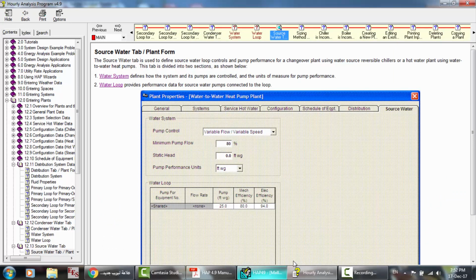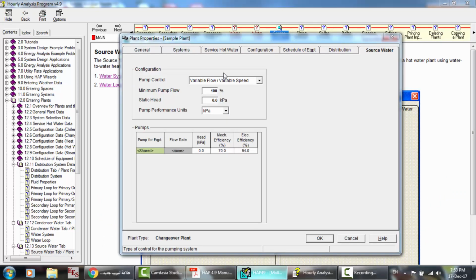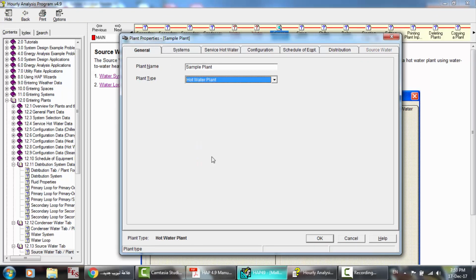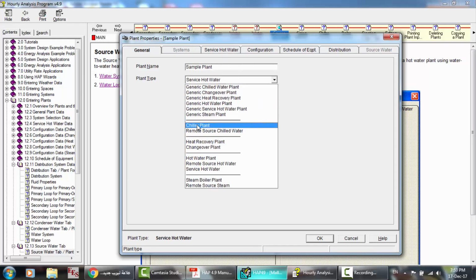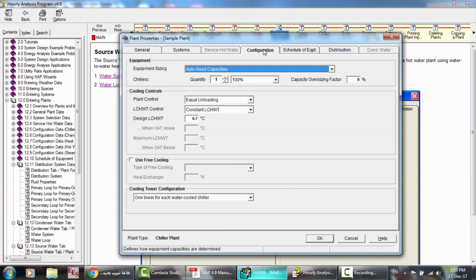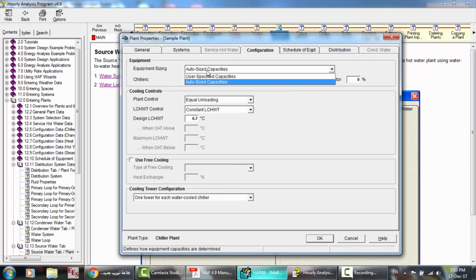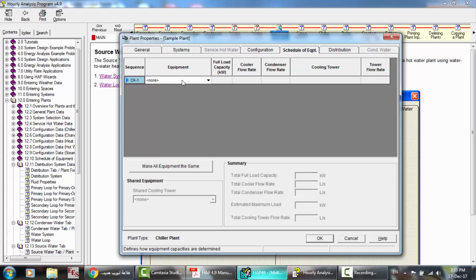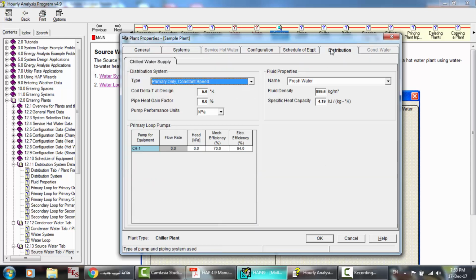So ladies and gentlemen, it's always according to the type of the system you use. Okay, service hot water. And according also to the inputs here, all the sizes or schedules according to the equipment, and these things will be changed.